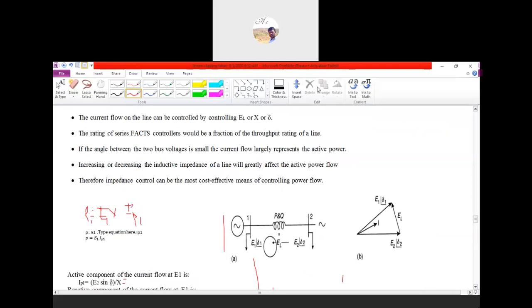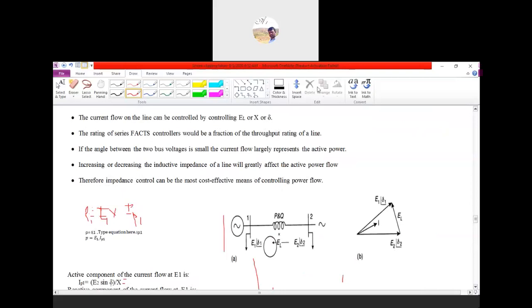Similarly, considering E1, the active component of current, IP1, is equal to E2 sin delta by x.